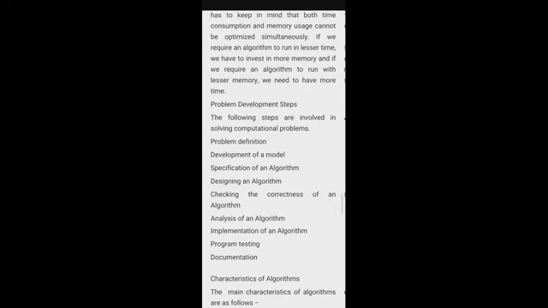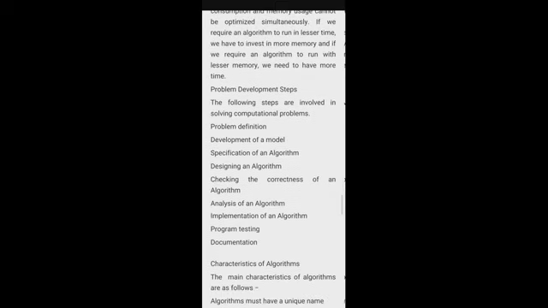Then from there you go to the analysis of the algorithm. The analysis of the algorithm is now telling you, based on everything which you have seen and implemented, is there anything you have to do more to make it more efficient? You have to check.